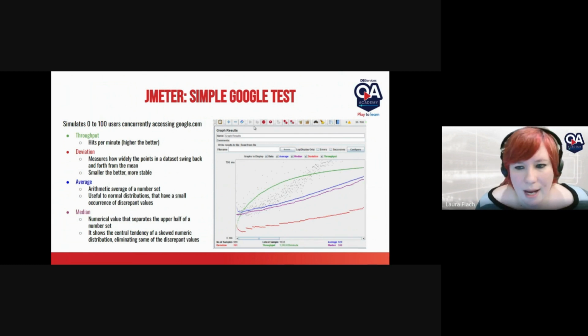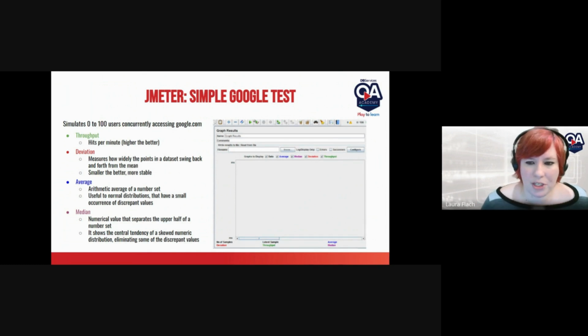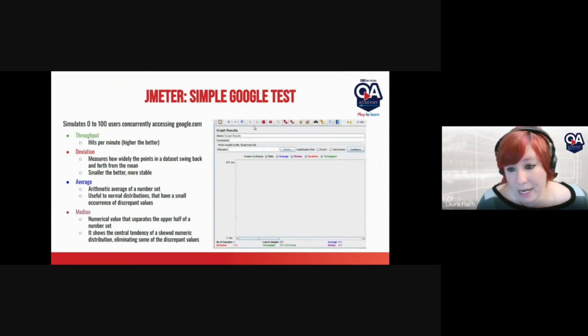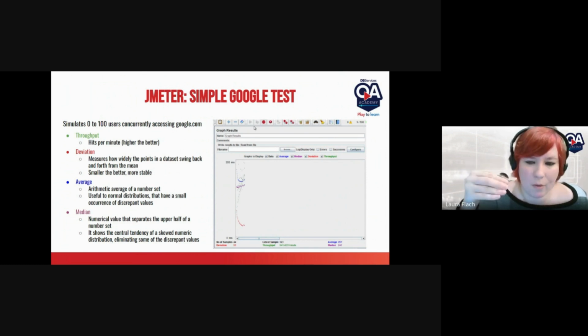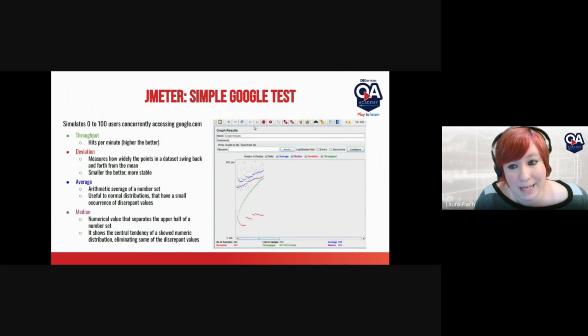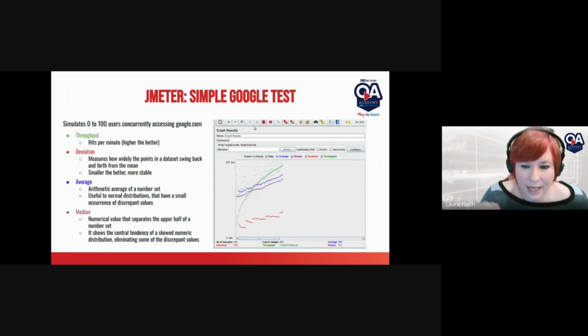So this number, the higher the better. If you don't put any limits and you reach a higher number, that's the best for your application. It means your application can handle really high loads.